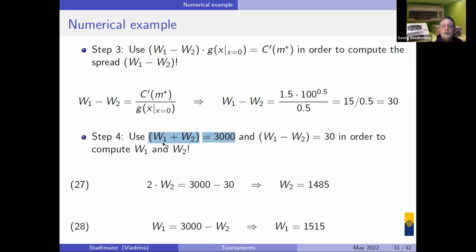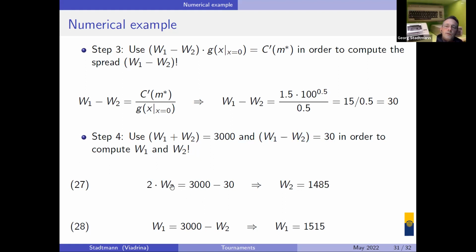When we say this equation minus that equation, we get W1 minus W1, W1 is gone. W2 minus minus W2 will be 2 W2s. And then we have 3,000 here and minus 30 there. So that's the Gauss algorithm. This one minus that one gives you this one.